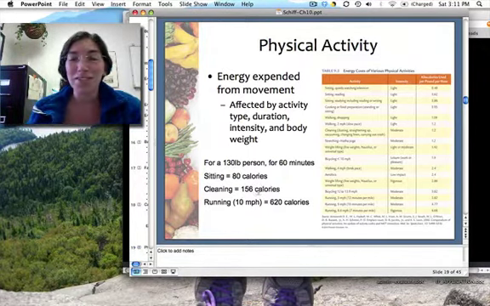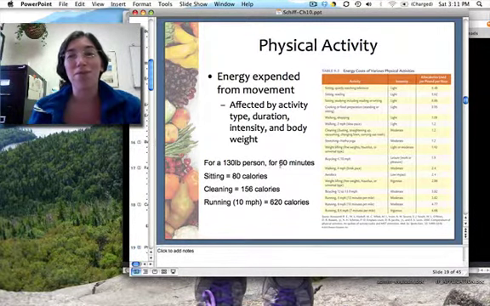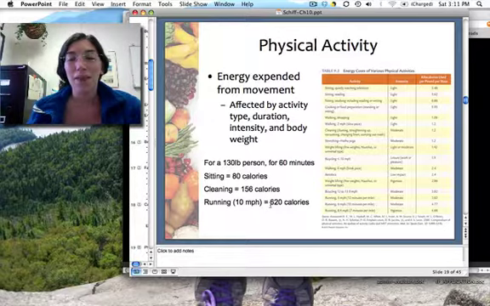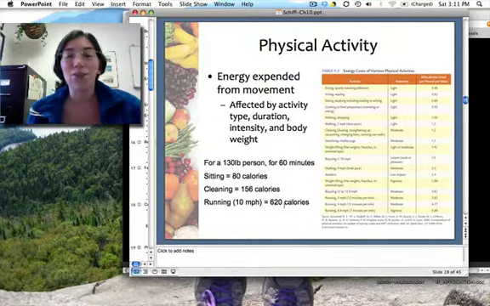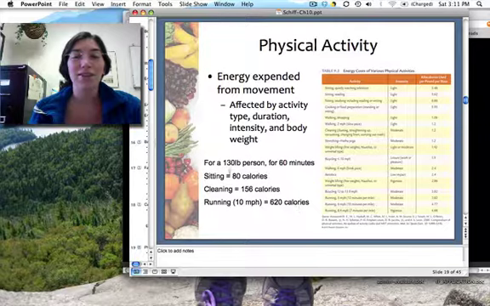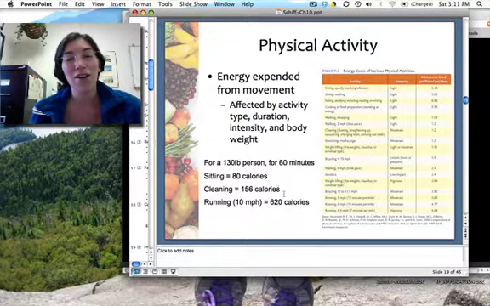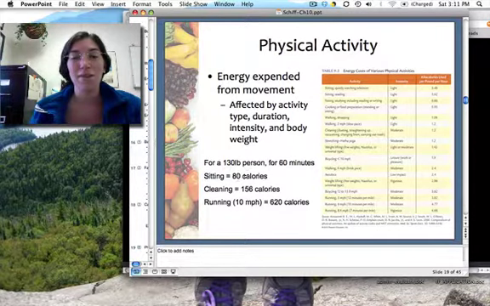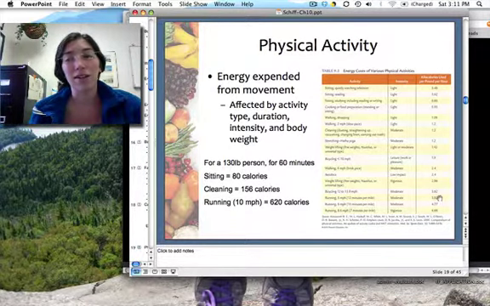burns 156 calories. Now, if that same 130-pound person decided to go for an hour-long jog at 10 miles per hour, which is a very sort of average jog, they would burn 620 calories. So sitting for an hour, 80 calories, running for an hour, 620 calories. There's quite a difference there because those activities are different in their intensity.